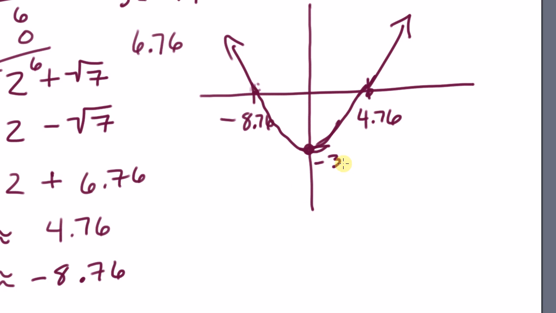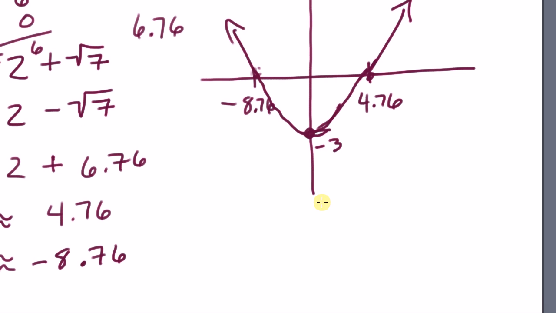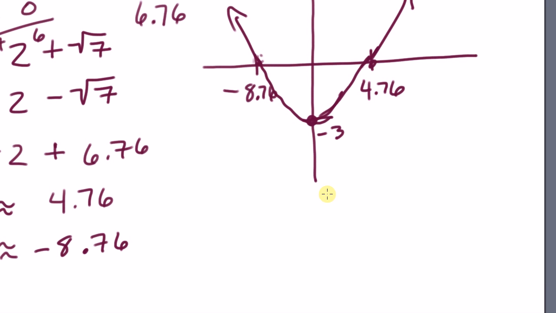Now, let's see. And I do want to point out one other thing. I'm sketching this graph, but I do want you to realize that it doesn't matter for what we're doing, but it's good to get a good concept of what's going on.